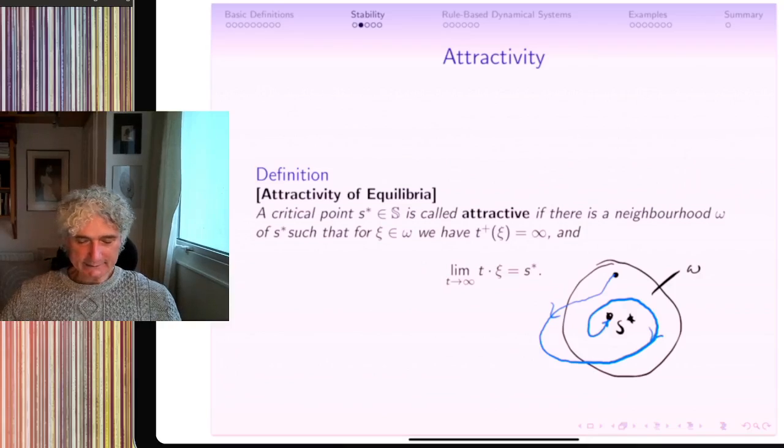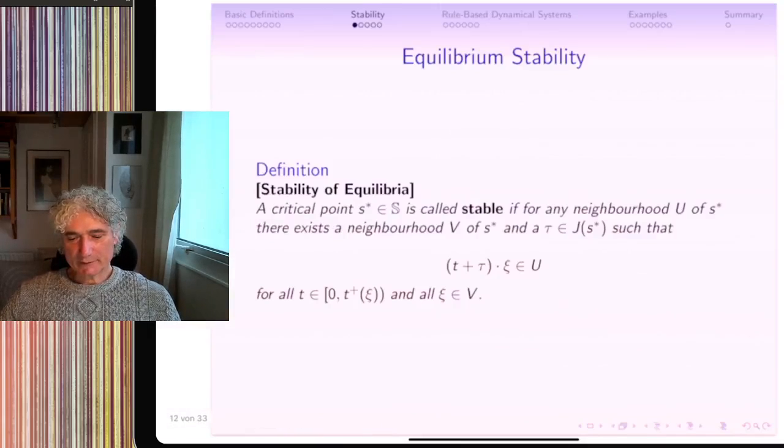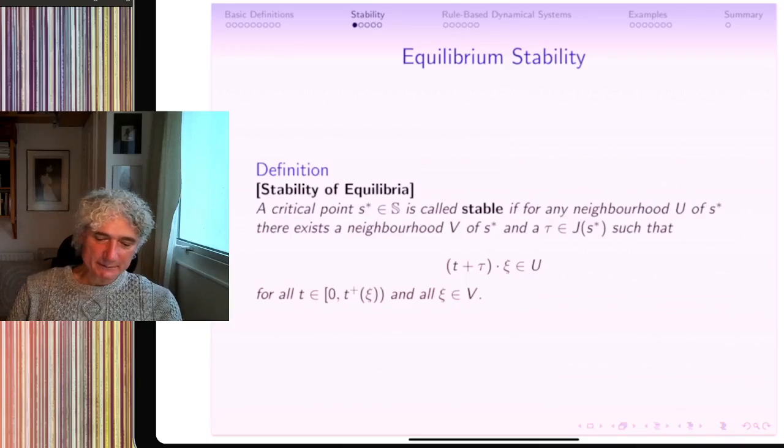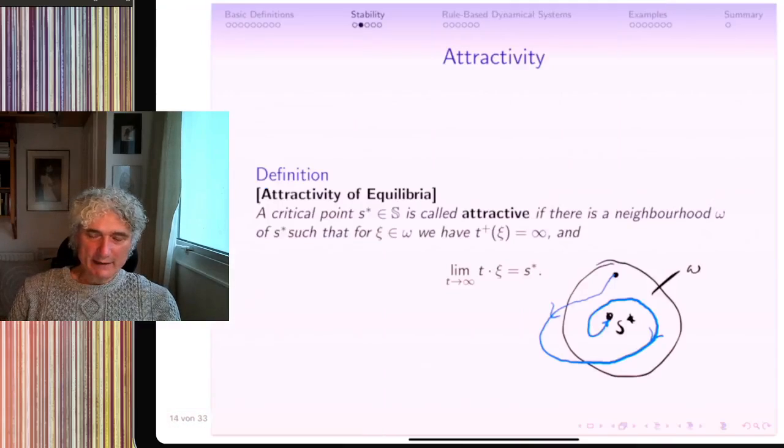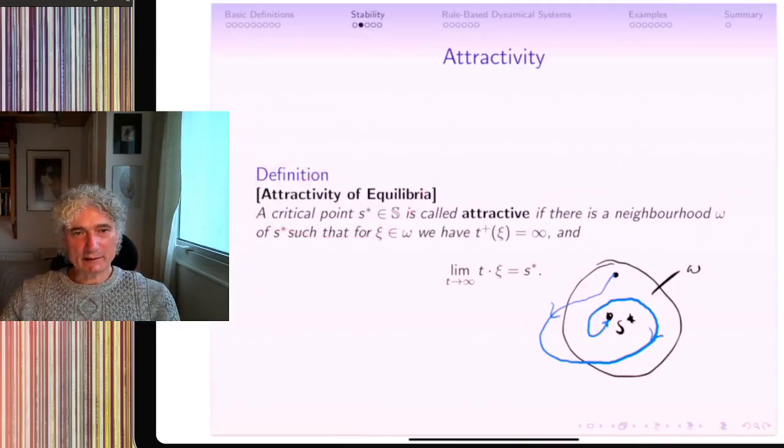Okay, so this is attractivity. It's interesting to note that the definition of stability of equilibria and the definition of attractivity of equilibria are independent from each other. So you can have critical points that are, for example, stable but not attractive.